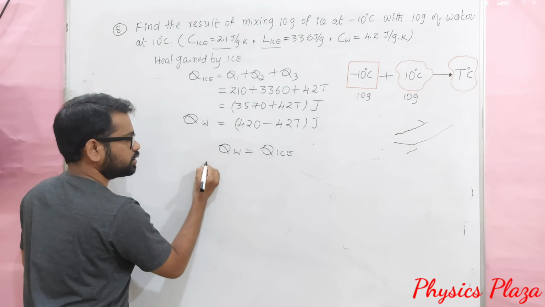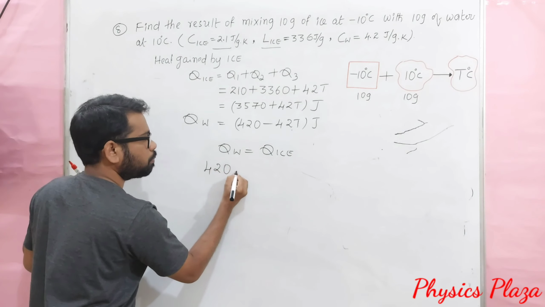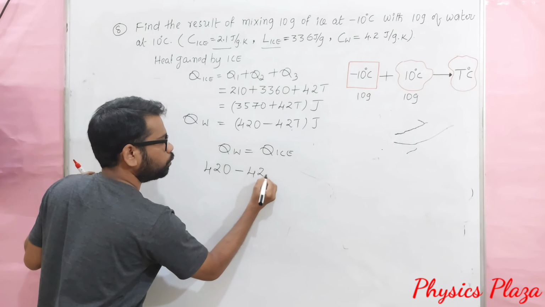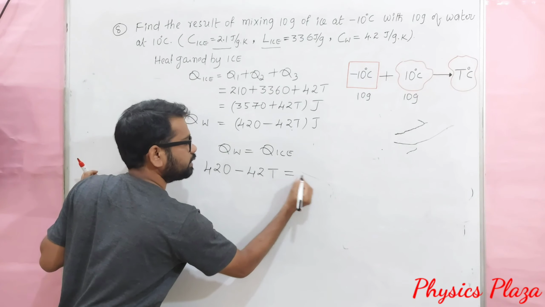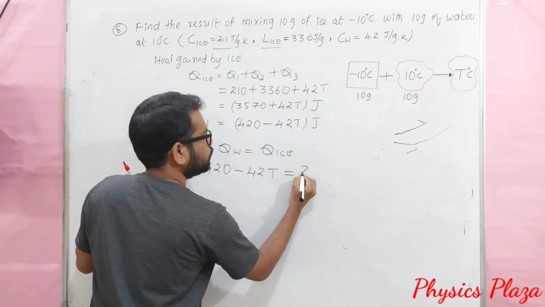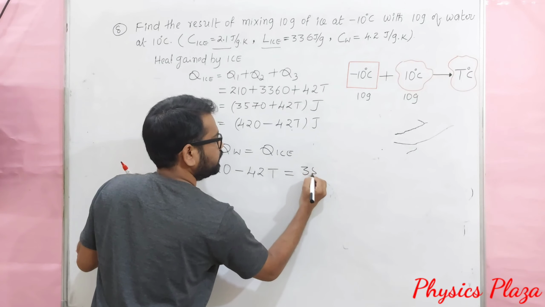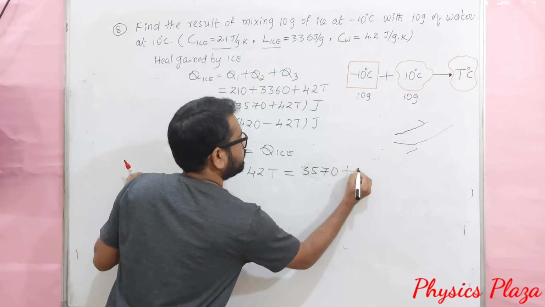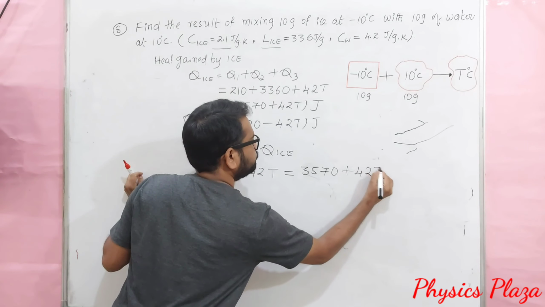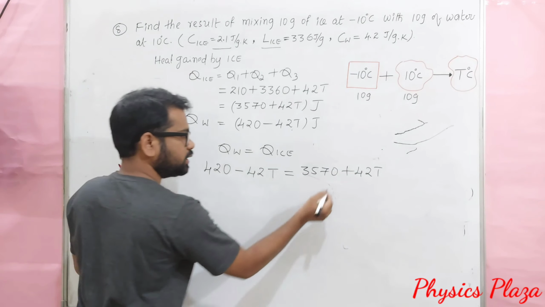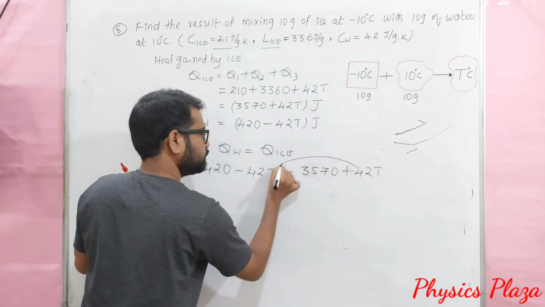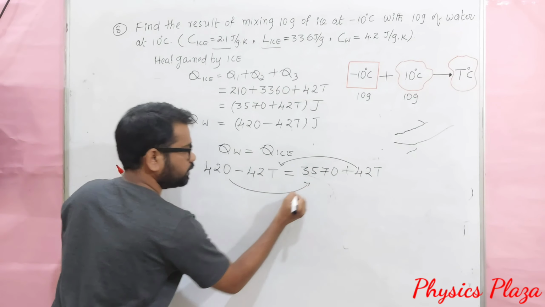Let us equate. So 420 minus 42T is equal to 3570 plus 42T. Children, get this 42T to this side and take the 420 to the other side.